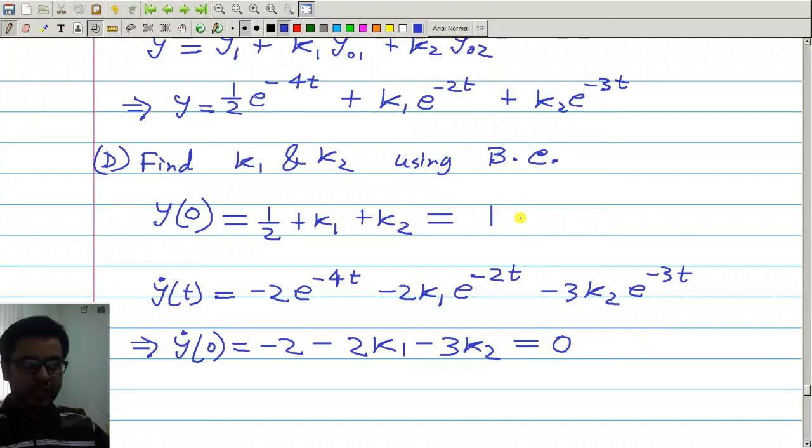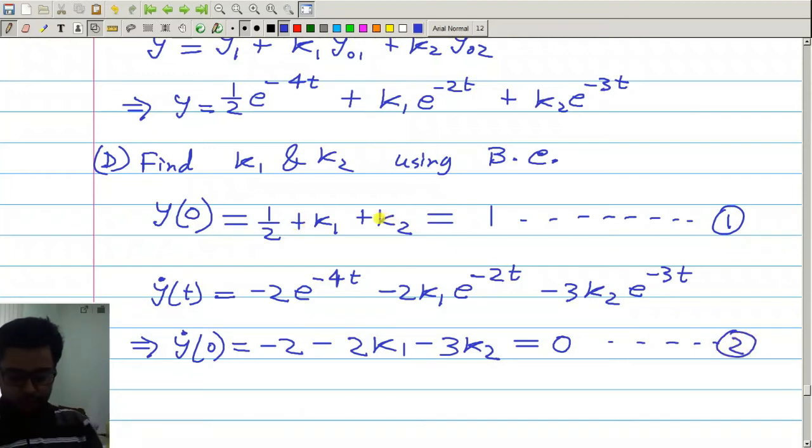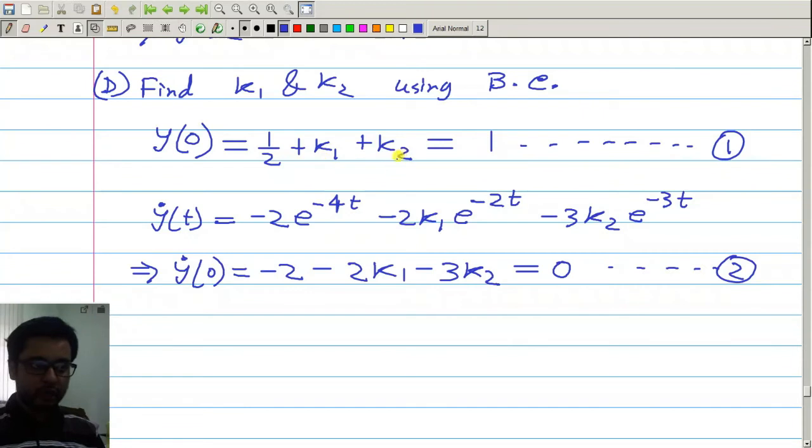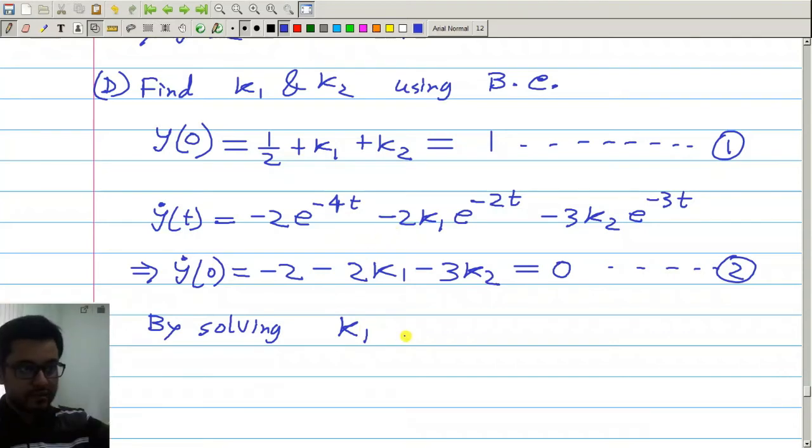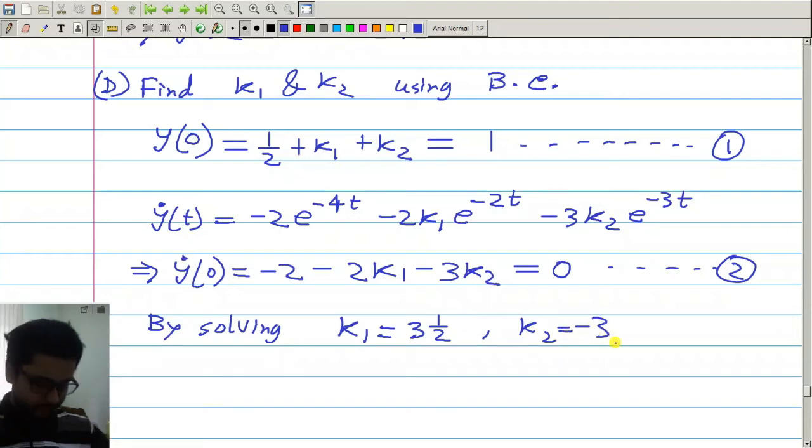So now we have two equations with two unknowns k1 and k2. We can solve for k1 and k2 from these two equations, and by solving we will get k1 equal to 3.5 and k2 equal to minus 3.